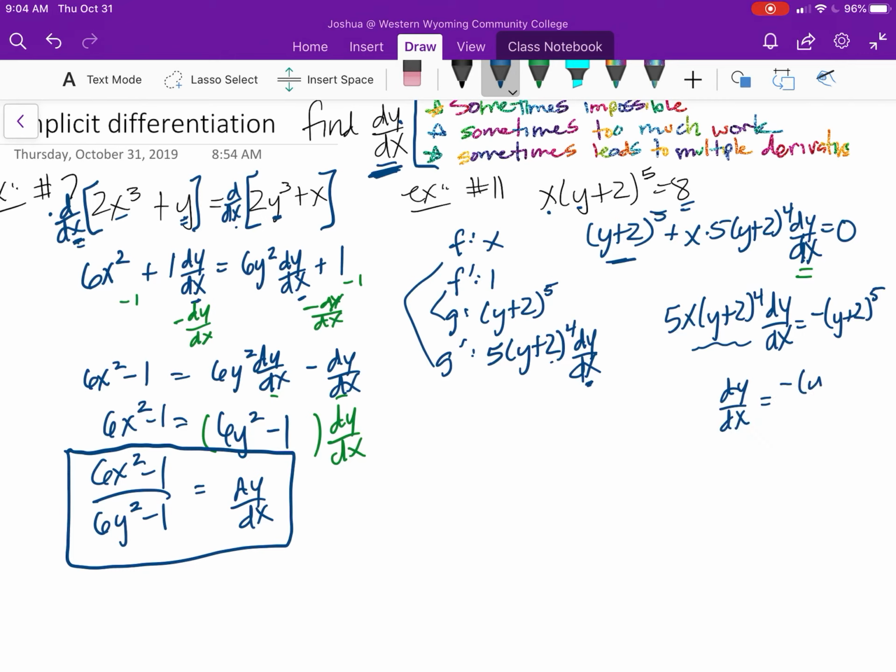So we'd have negative y plus 2 to the 5th divided by 5x y plus 2 to the 4th. We can cancel 4 of these, right, since it is all multiplication here. And the final answer we're left with, derivative of y with respect to x is a negative y plus 2 to the 1, right, because we canceled 4, all over 5x.